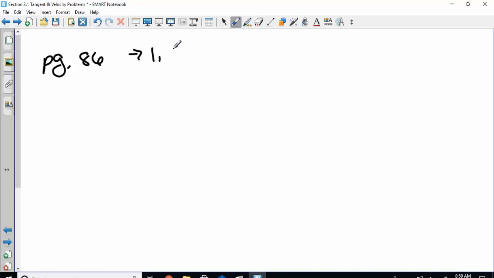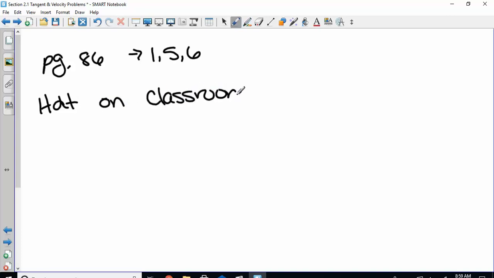Page 86, I want you to do 1, 5, and 6. And then there is a handout on Classroom. I thought we might take a look at that handout and maybe do a couple of them together to get you guys started. So if you want to pull up your Chromebook and open up that handout.